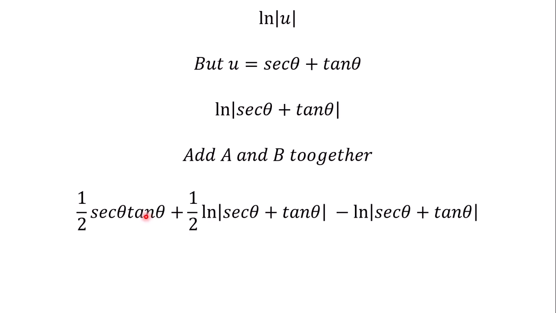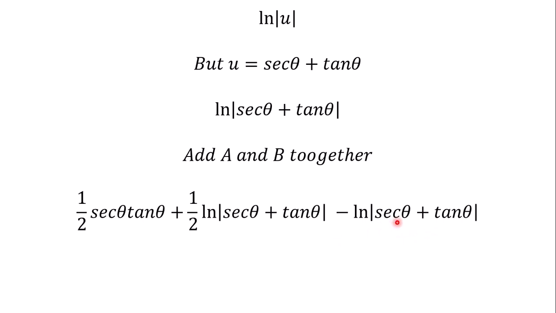This one is the A part, and this one is B, the one we just had here. So we are having 1 over 2 secant theta tan theta plus 1 over 2 natural log absolute value secant theta plus tan theta, minus natural log absolute value secant theta plus tangent theta.